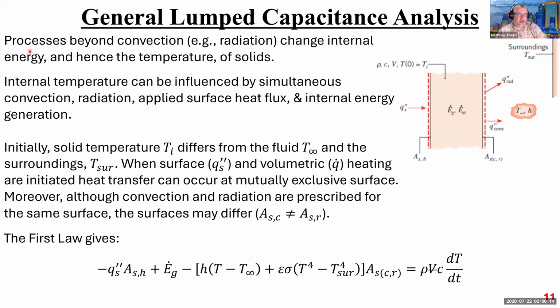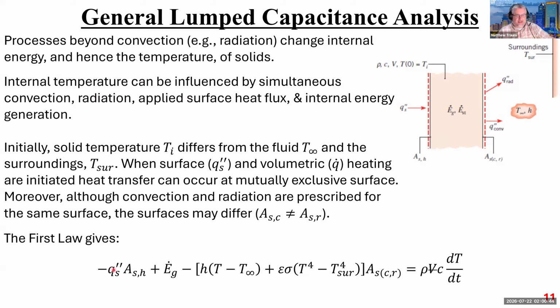And so we say here the processes beyond convection, for example, radiation, also change internal energy and hence the temperature of solids, right? So we want to expand our model beyond just convection to be able to include things like radiation, internal heat generation, and so forth. So internal temperature can be influenced by simultaneous convection, radiation, applied surface heat flux, and internal energy generation.